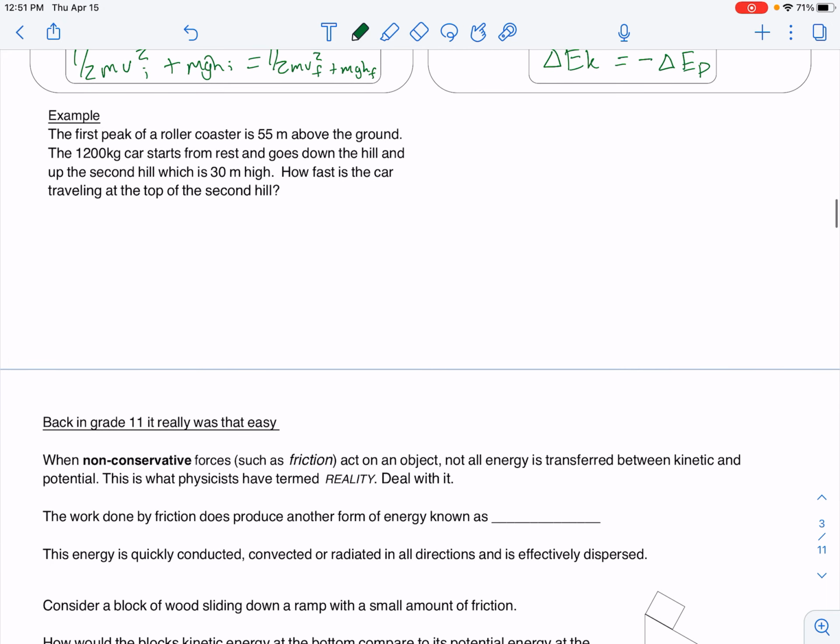All right, we can pause to solve this problem. We did a similar one already.